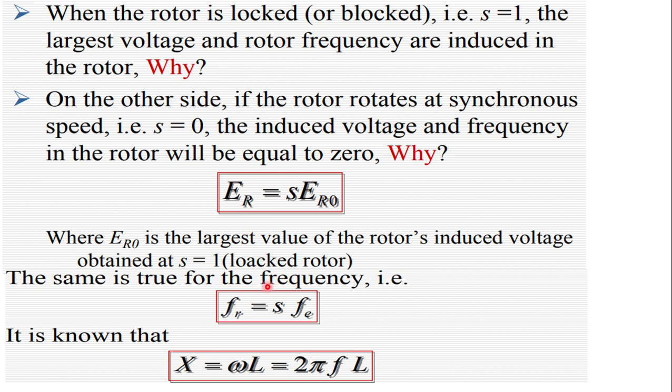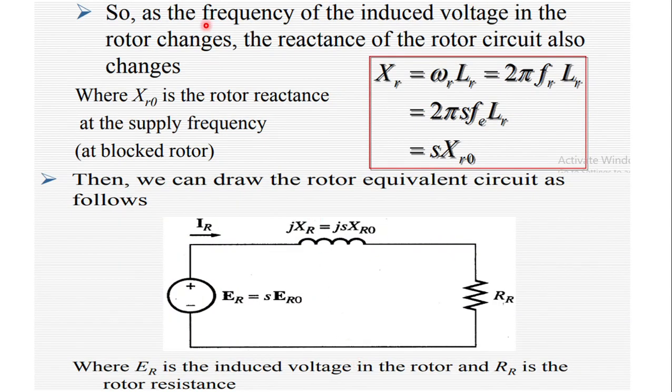When the rotor is locked or blocked, slip is equal to 1 and the maximum frequency is attained. And also the reactance, X = omega L = 2 pi f L, where omega means 2 pi f and L means the inductance. Now as the frequency of induced voltage in the rotor changes, the reactance of the circuit also changes.